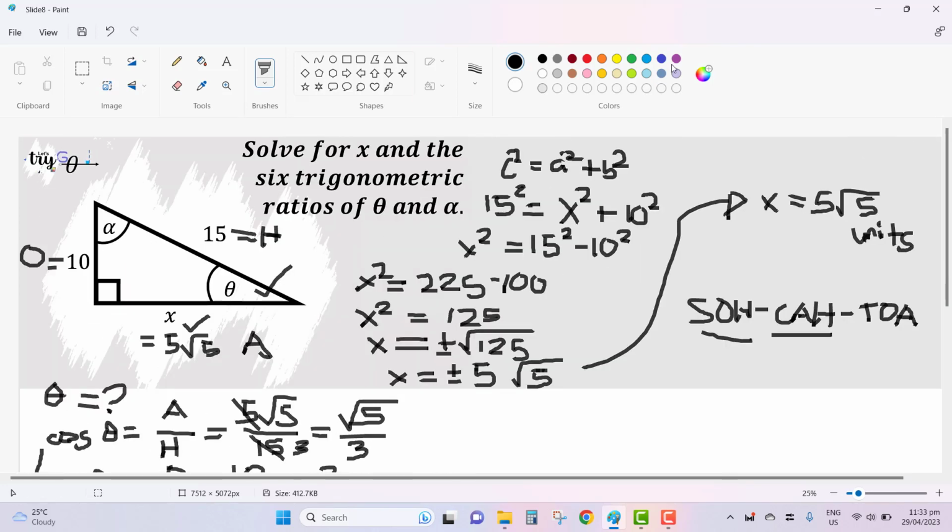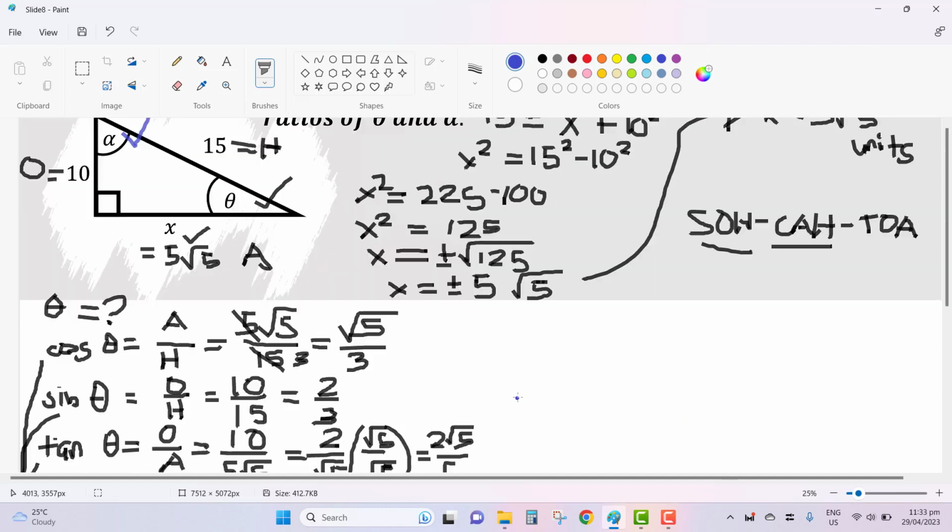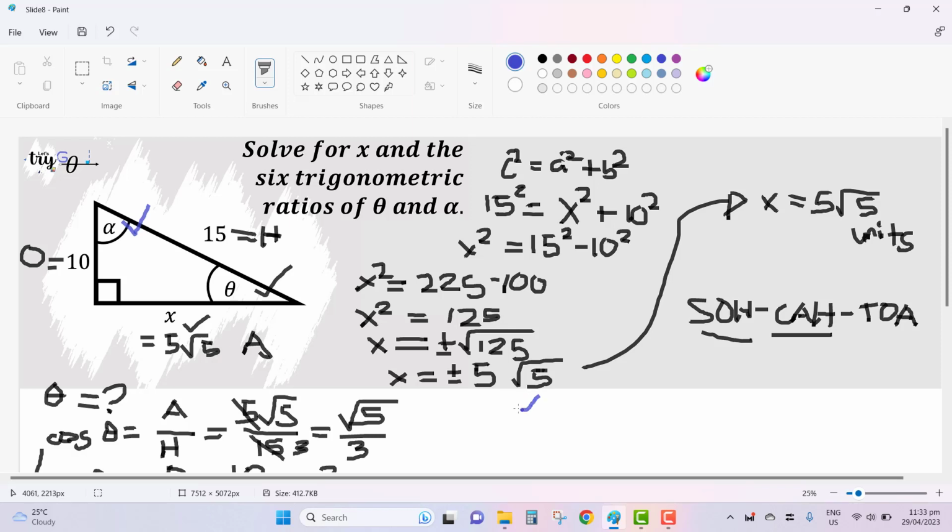Let's proceed to angle alpha, and let's use a different color here, since the value of your opposite side and your adjacent side will now become different. So for angle alpha, if this is now your reference angle, the value of this side, which measures 10, earlier it was the opposite side for angle theta, now this becomes your adjacent side.